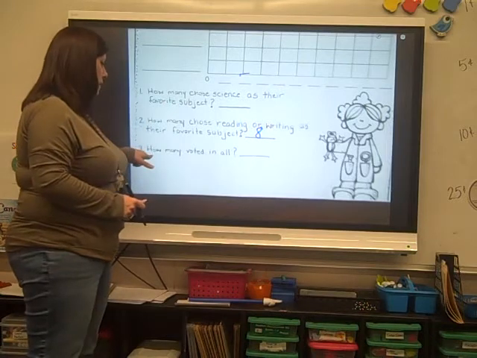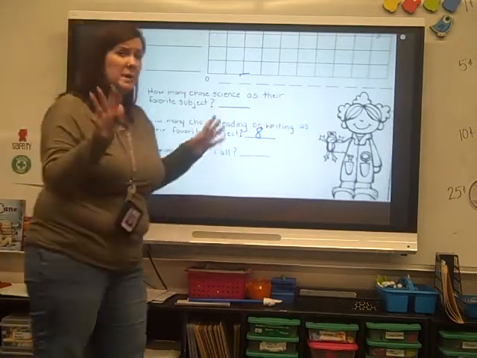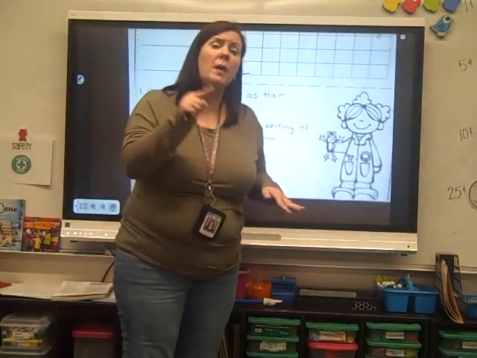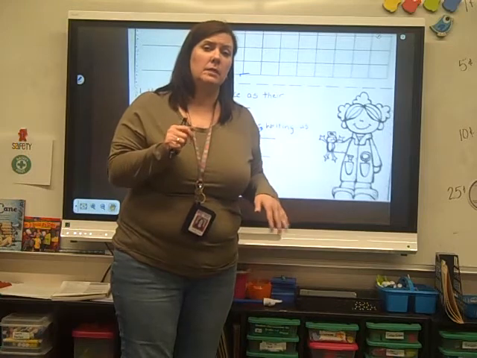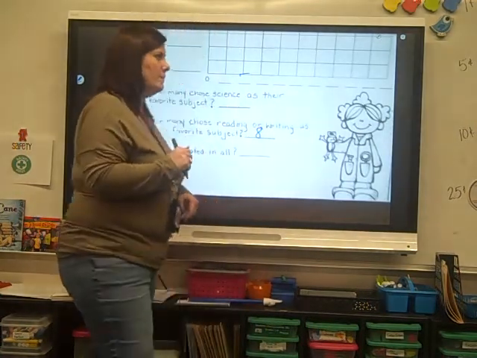All right, and number 3, how many voted in all? So I'll tell you what, big hint. All you have to do is go count all the boxes you colored in. Can you go count all the boxes you colored in? Go do that.